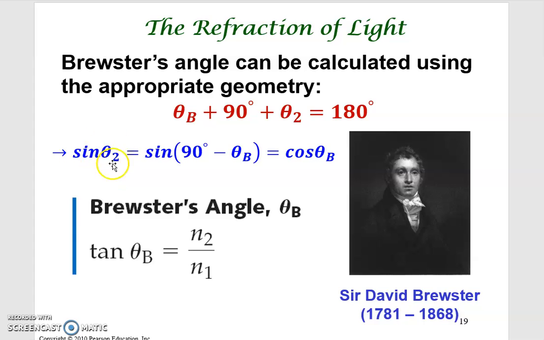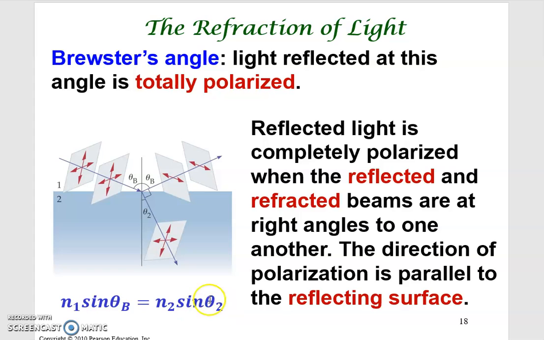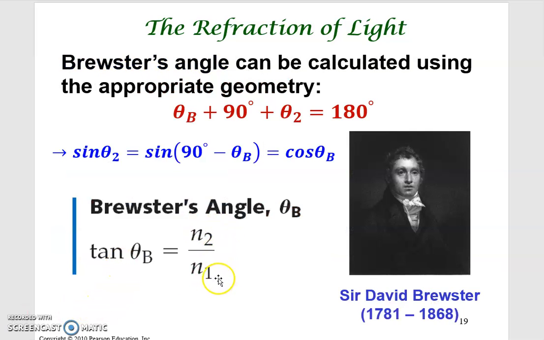Then that's the reason theta 2 is 90 minus theta B. And from the trigonometric relation, you will find that sine of 90 minus theta B is actually cosine theta B. So let's substitute sine theta 2 by cosine theta B. If you divide by cosine theta B on both sides, you get tangent theta B here. So n1 tangent theta B is n2. Therefore, tangent theta B is n2 divided by n1. And this is the famous Brewster angle.